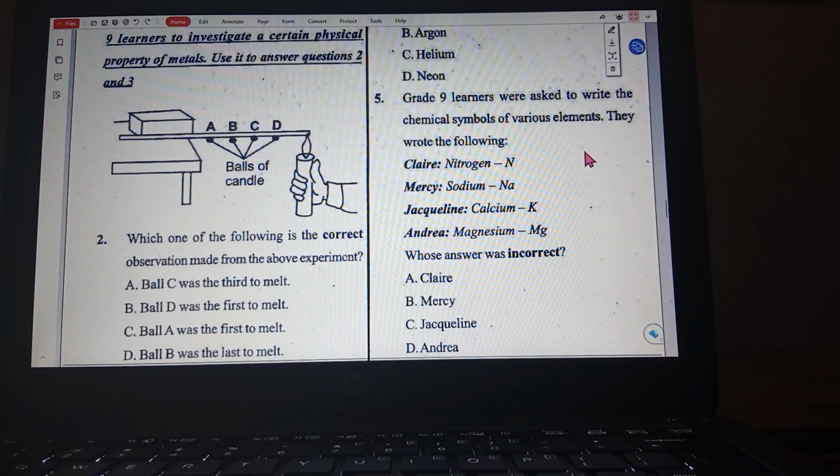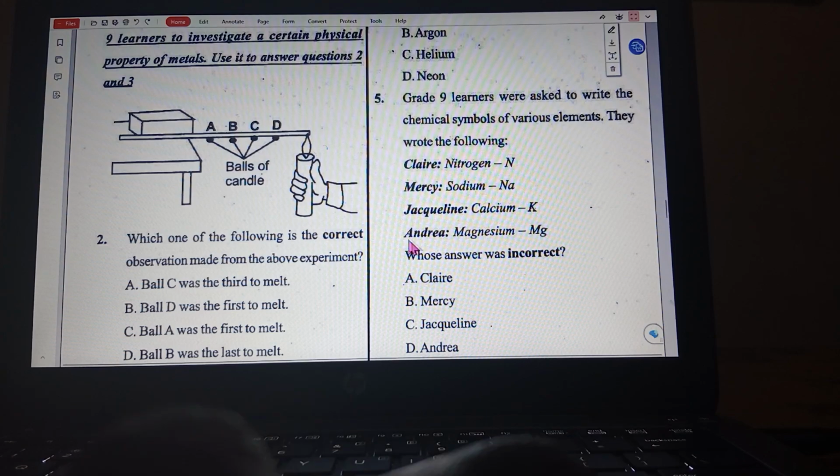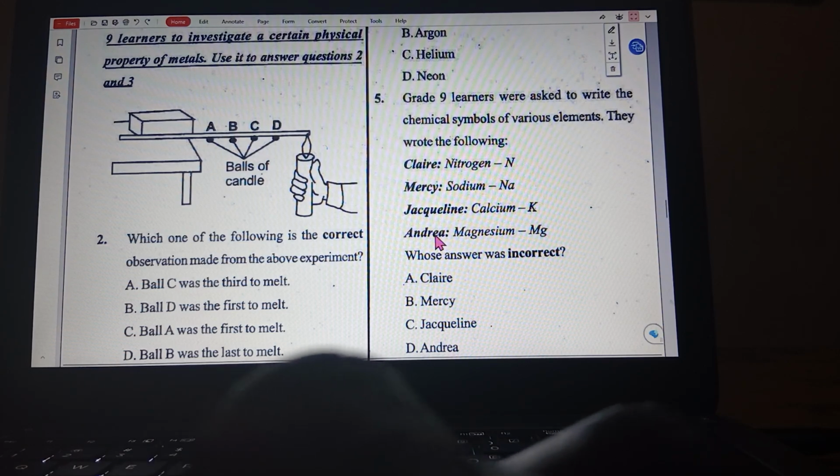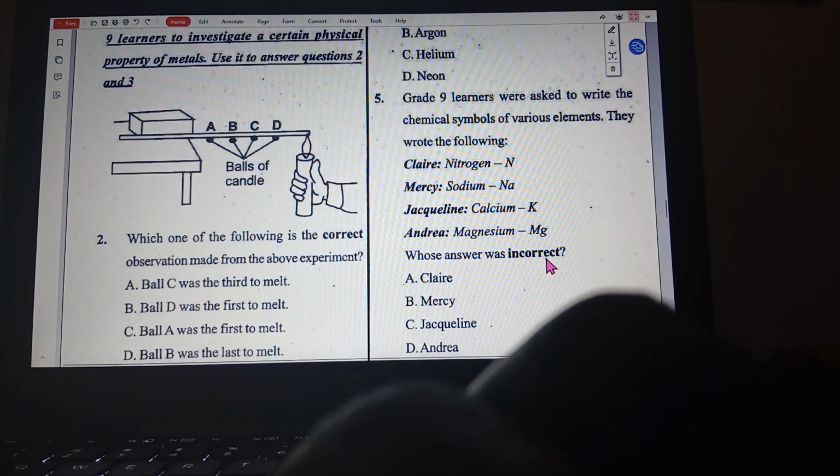Kjsea, nitrogen, she wrote capital N. Then Mercy, sodium, she wrote capital N, small a. Then Jacqueline, calcium, she wrote capital K. Then Andrea, magnesium, she wrote capital M, small g. Whose answer was incorrect?